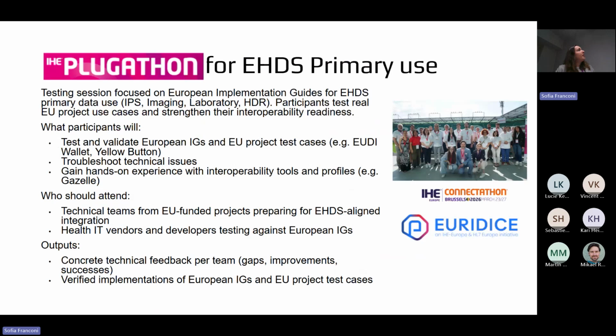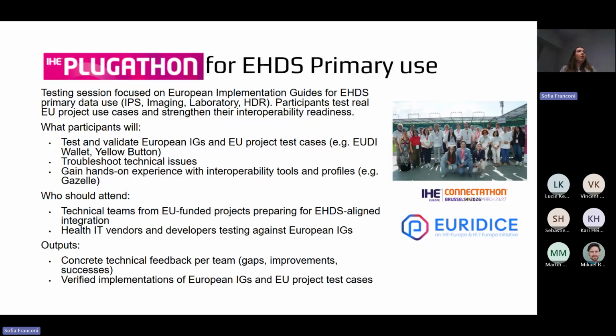So the first one on EHDS primary use, the goal, so we already had a session last June in Vienna during the Connectathon, and we'll do another one in Brussels. So the participants will mostly test what Argyris presented, the different use cases. So on XShare with the yellow button, but also on the wallet.